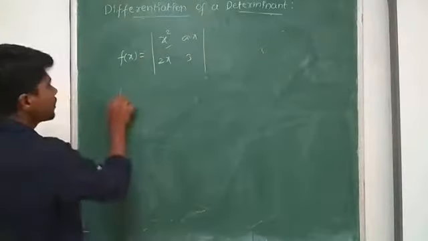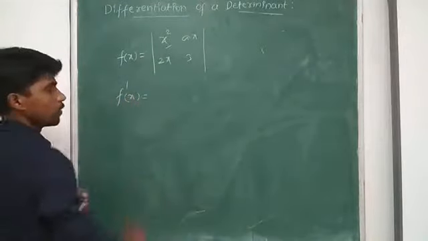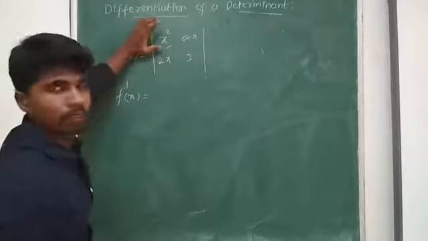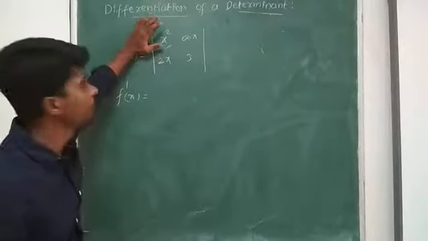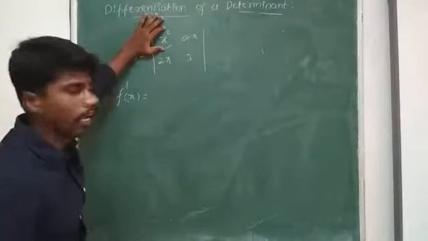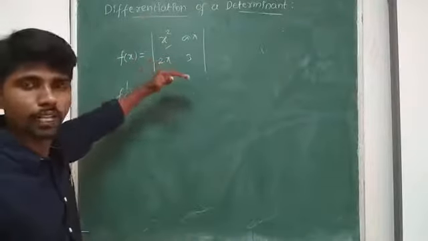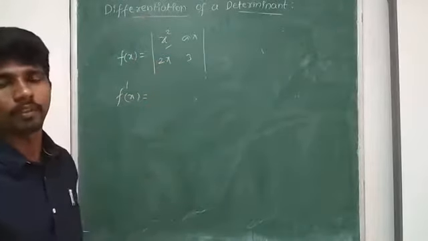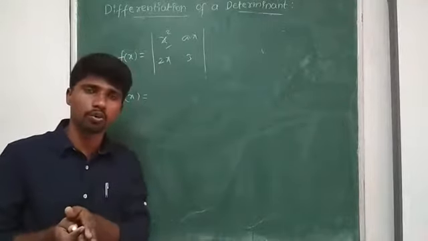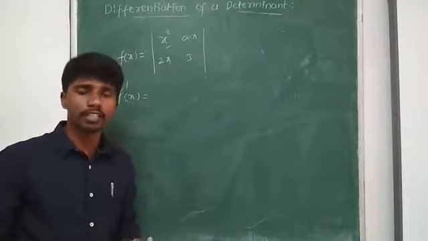The differentiation of a given determinant is nothing but equal to differentiation of the first row with respect to rows, if I do. So we have to perform differentiation of a row, and the next rows we have to keep unaltered. We have to continue this procedure till we reach the last row, and we have to add all these determinants.